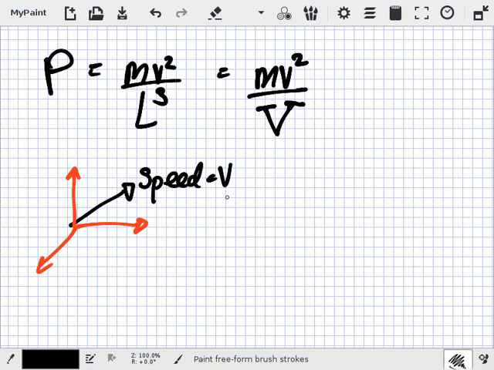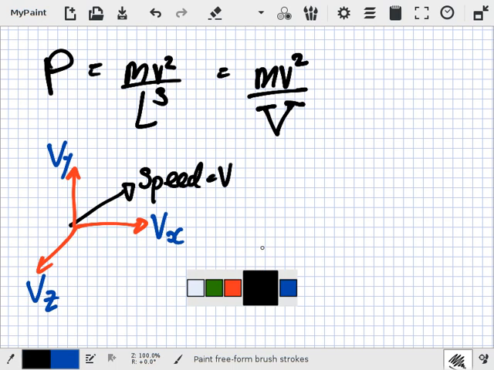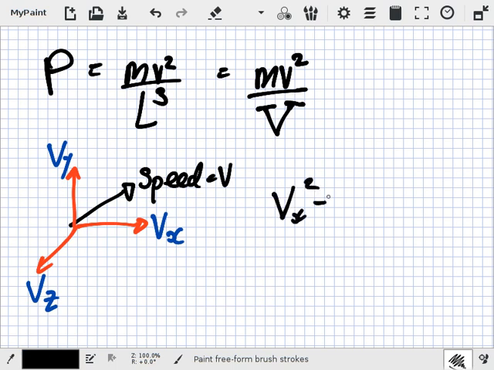What do we normally do in physics when we have a vector? We normally resolve it into components. So we'll call these vx, vy, and vz. Now, Pythagoras says vx squared plus vy squared plus vz squared is equal to v squared. It's just Pythagoras in 3 dimensions.